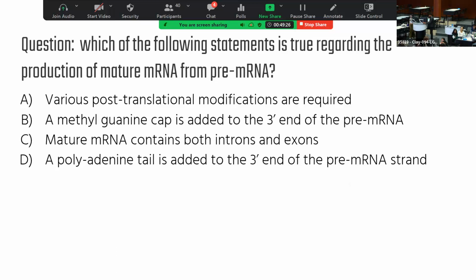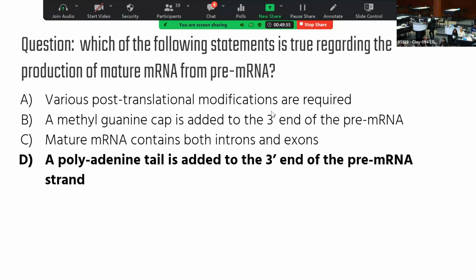Did I hear D? Yes. Okay, so yes, D is the correct answer there. We should know that your polyadenine tail is added to the 3' end of the pre-mRNA. That means the methylguanine cap is added to the 5' end.